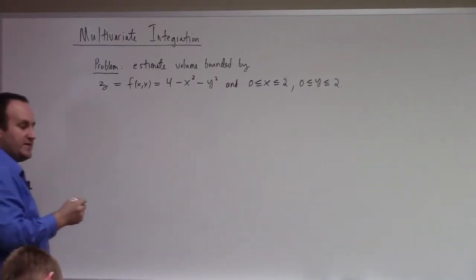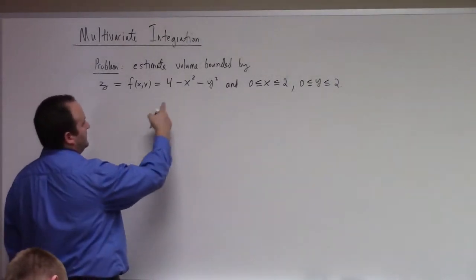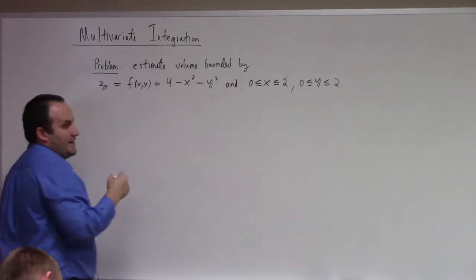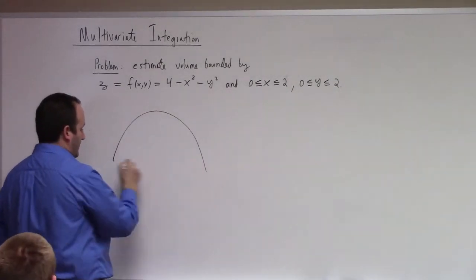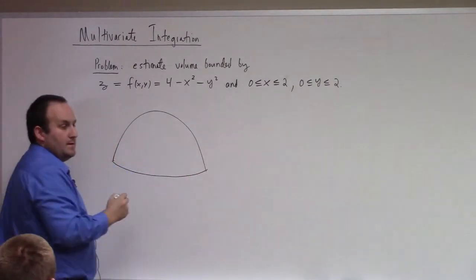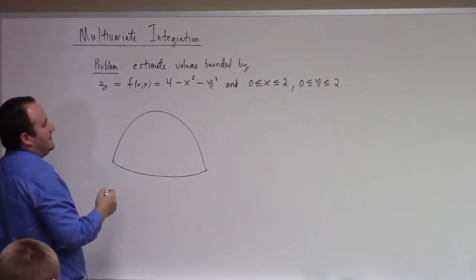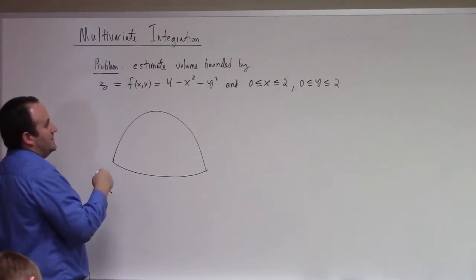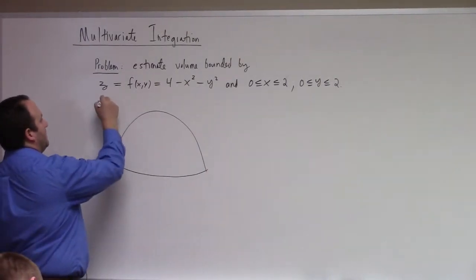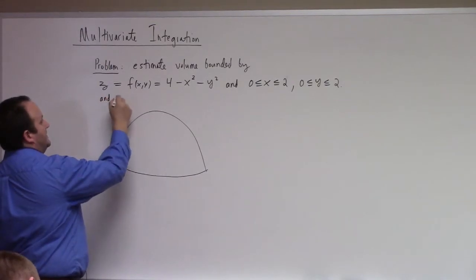Let me try to draw a picture of what we're doing. So what is z equals 4 minus x squared minus y squared? It's one of these deals, right? Oh, and one other thing. That's the top, and that would give us a side, but let's say z equals 0.